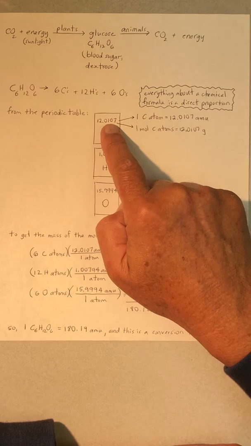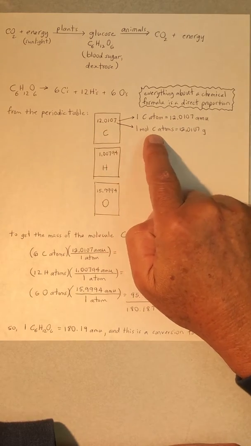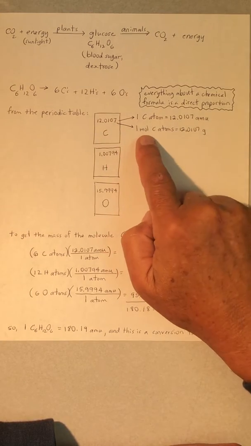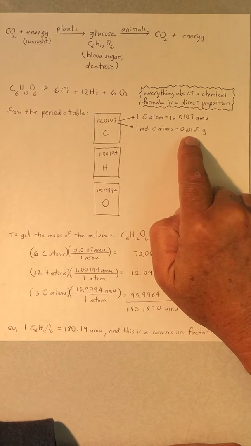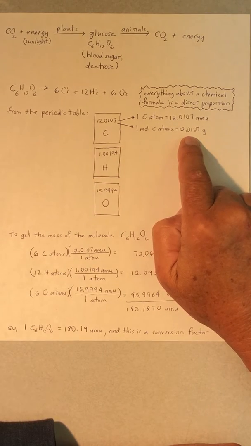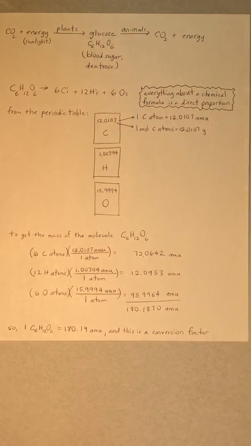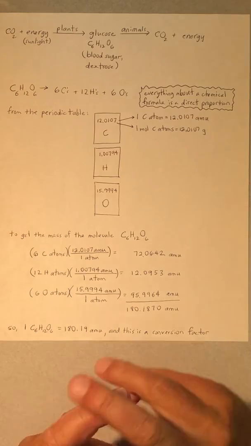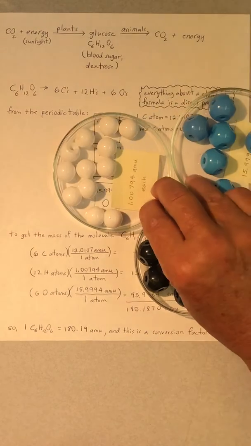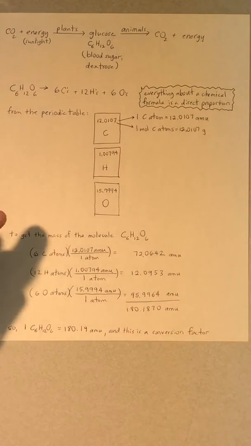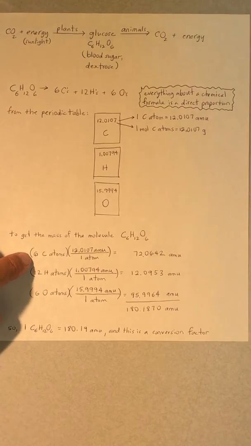If I take that same number, I can use it with grams. That means that 1 mole of carbon atoms will weigh 12.0107 grams. And in the previous chapter, I showed you how these are interconvertible. So here's a way to calculate the mass of all of these put together. We have 6 carbon atoms at 12.0107 AMU per atom.